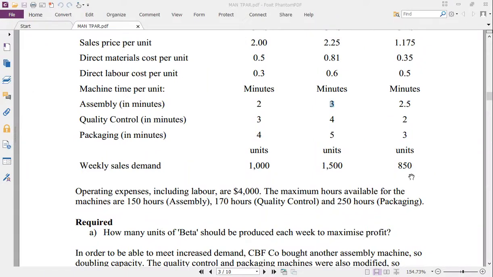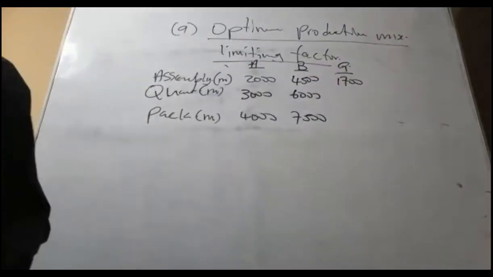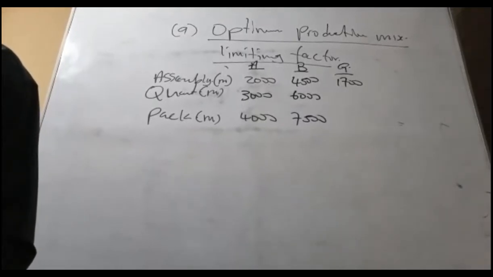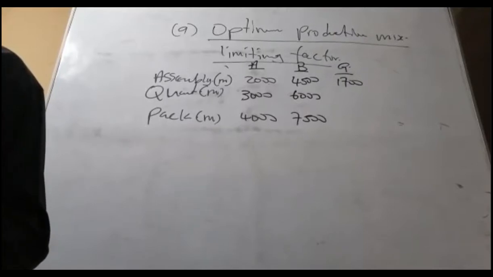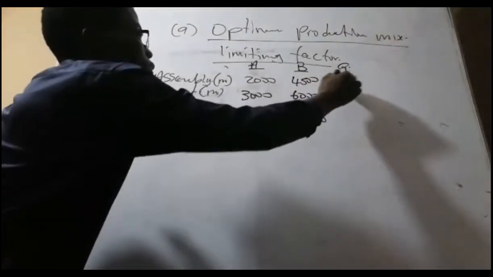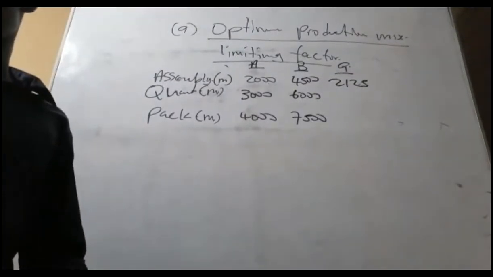So 2.5 by 850 will give us 1,700. So that will give us 2125. Let's go and pick the next section.